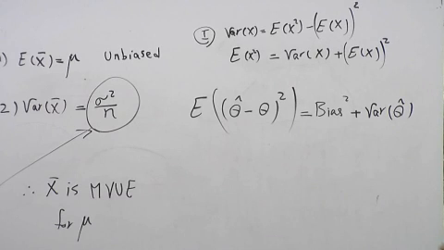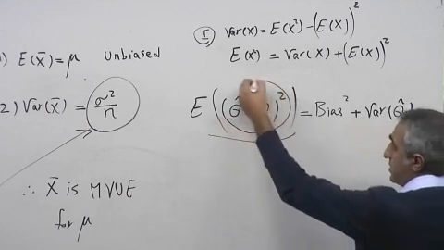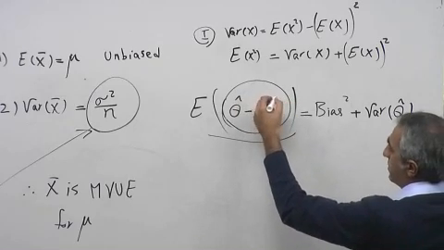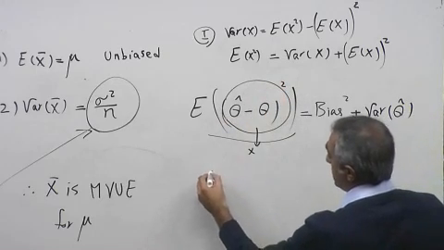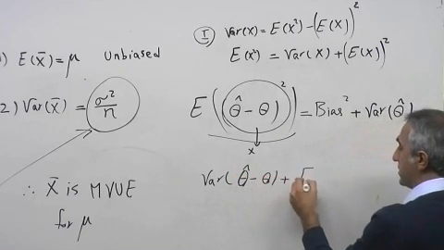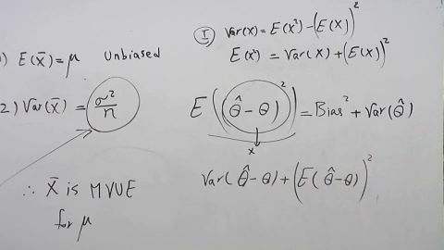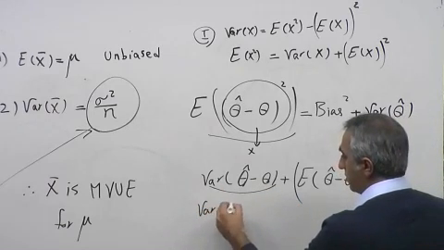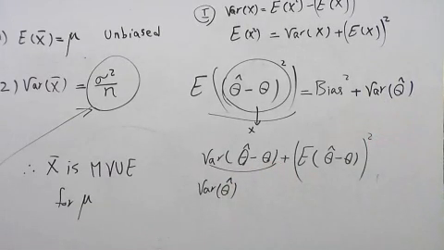In this case, let's say this is your x. So the expected value of x squared is the variance of this term plus the expected value of this term squared. Let's start with the variance of this term. It's the variance of the first one. This guy is constant. It's the parameter of the distribution, not a random variable.